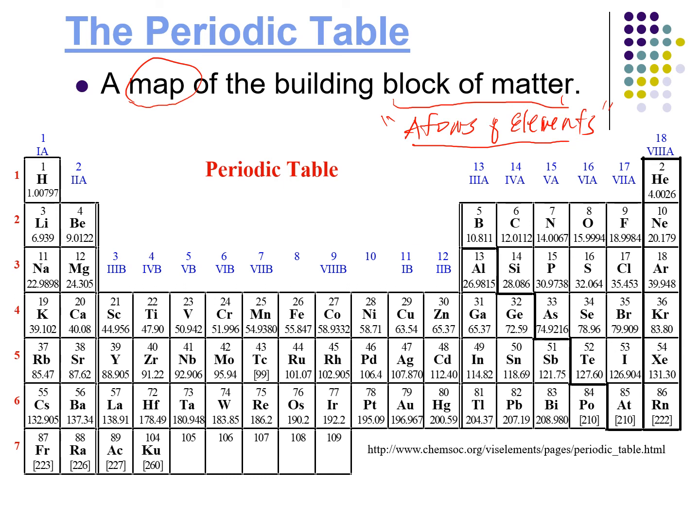That's why it is synonymous to a map, because it gives information about atoms of the elements. Yun po yung general idea. It's a reference about atoms of a particular element.